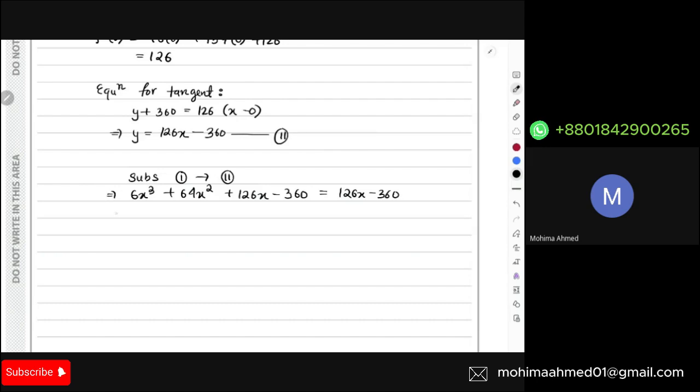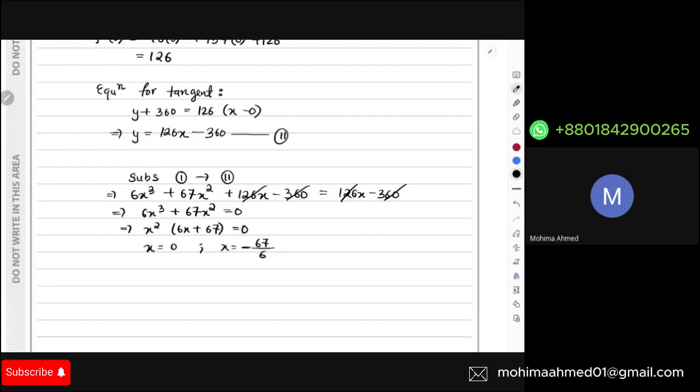So basically they cancel each other out, leaving you with 6x cubed plus 67x squared equals 0. And finally, I can take x squared as a common factor: x squared times (6x plus 67) equals 0.